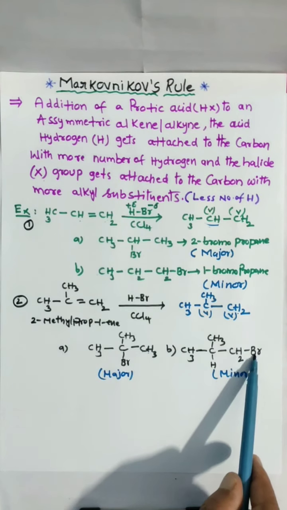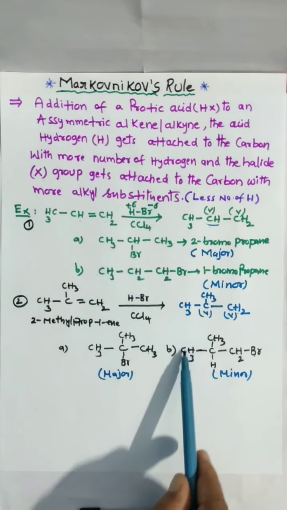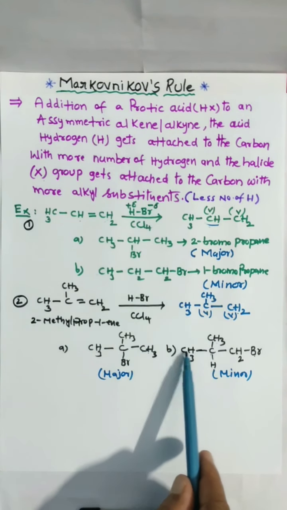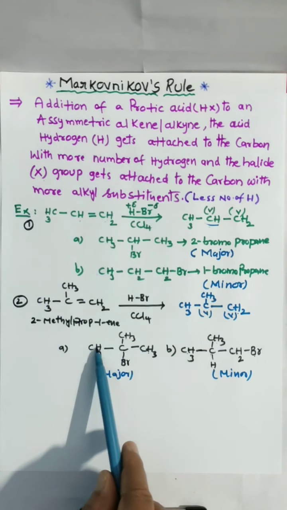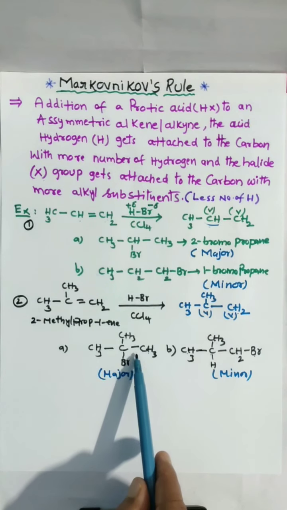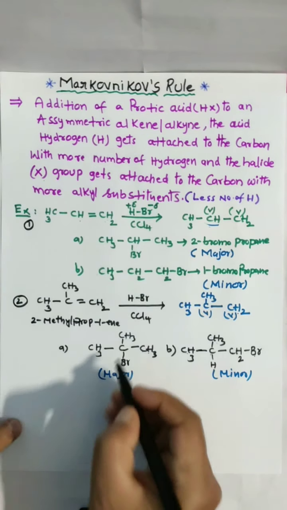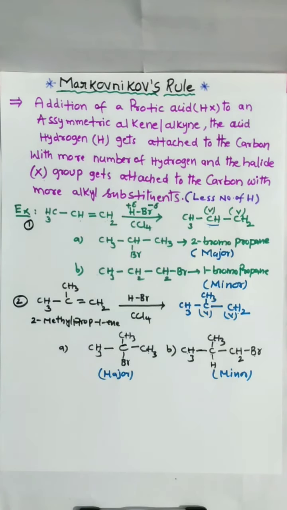Here bromine attached carbon has total one group, isopropyl group, one group only. But here methyl, 3 groups. Here one group. So where more number of substituents are there on the carbon, that is the major one. This is Markovnikov rule, identification of major and minor product.